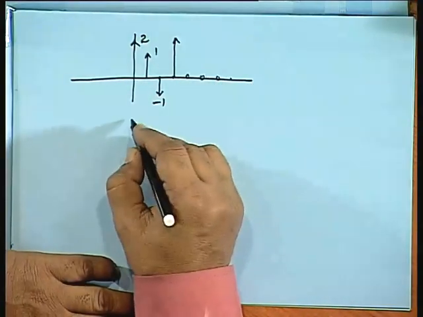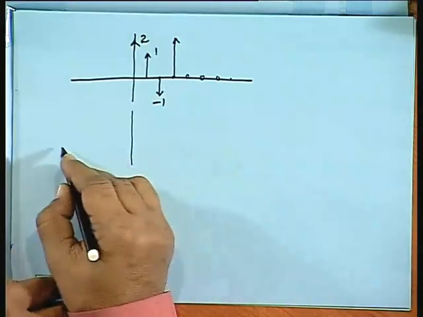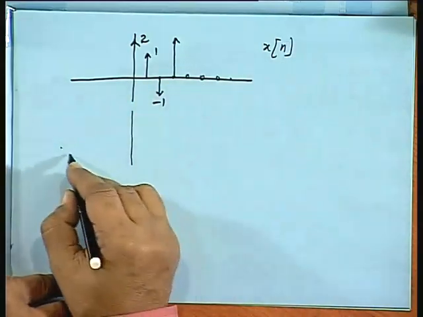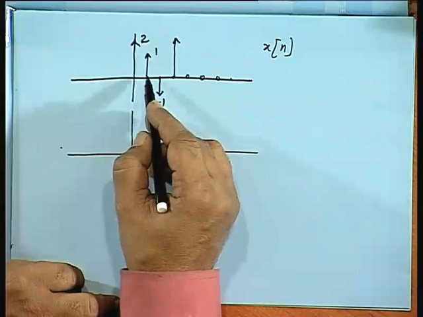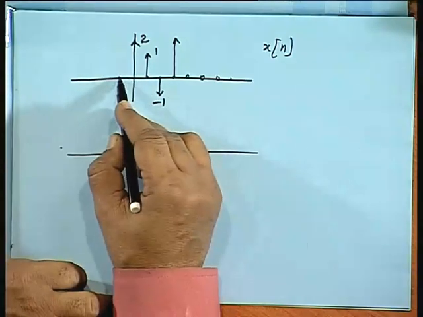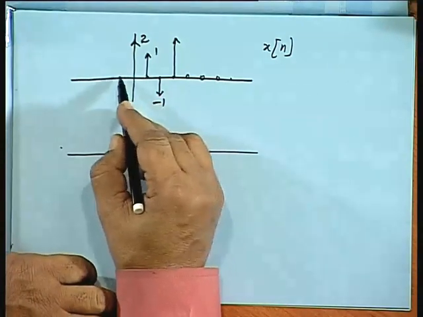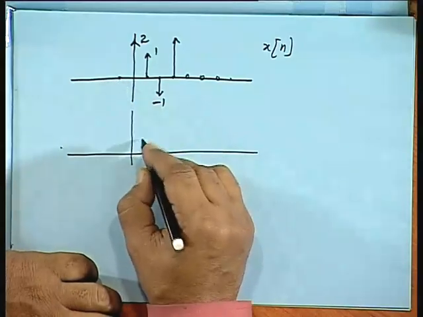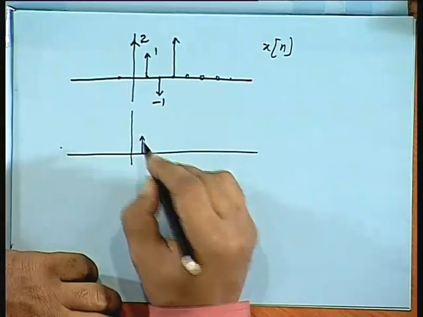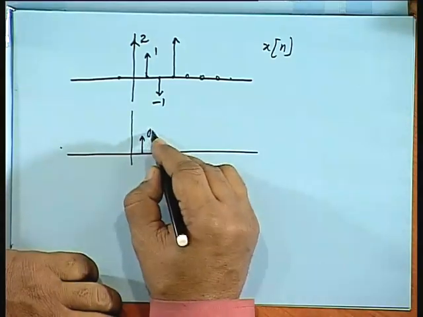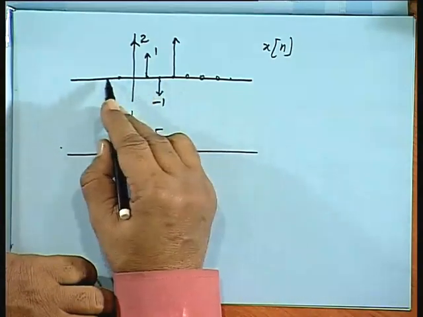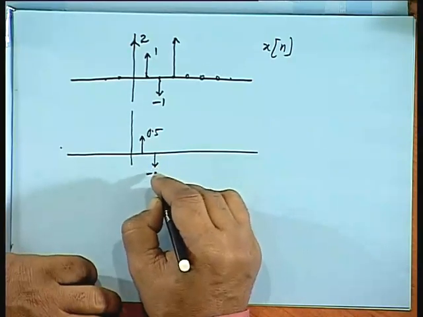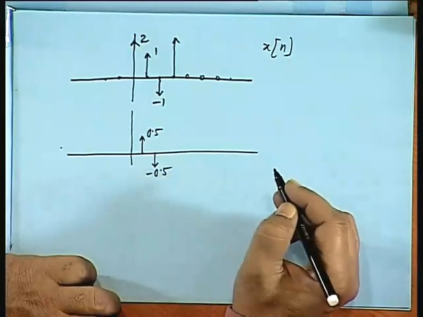What will be the even part? This is x n. What will be the even part? X n plus x minus n divided by 2. So, this is 0. So, 1 plus 0 by 2, so here it will be halved, 0.5. Then here it will be minus 1 and 0 divided by 2, so minus 0.5.